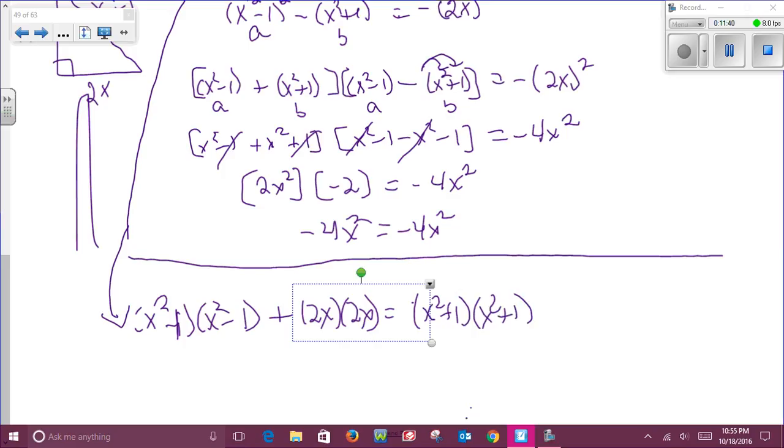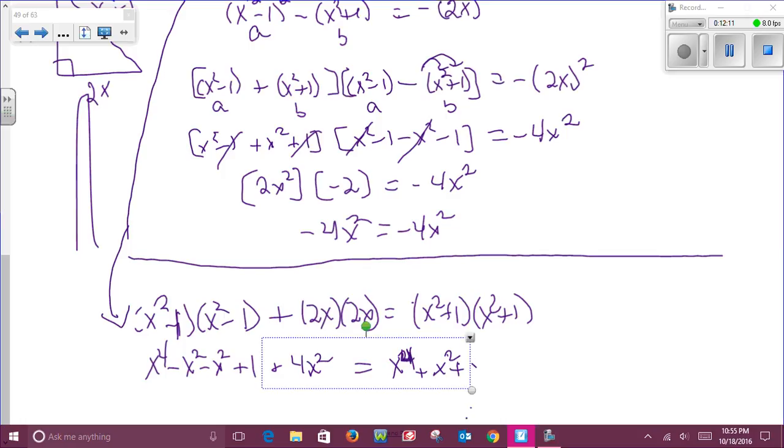And then x squared plus 1, the quantity squared, is x squared plus 1 times x squared plus 1. Now I'm going to actually multiply those out. And I will get x to the 4th minus x squared, another minus x squared, and a plus 1, plus a 4x squared equals, when I multiply that out, x to the 4th, plus x squared plus x squared, plus 1.